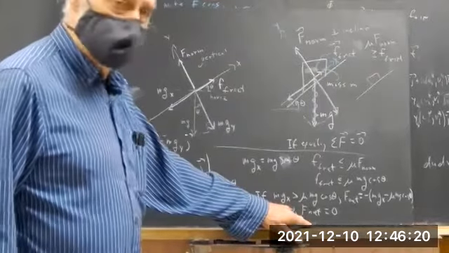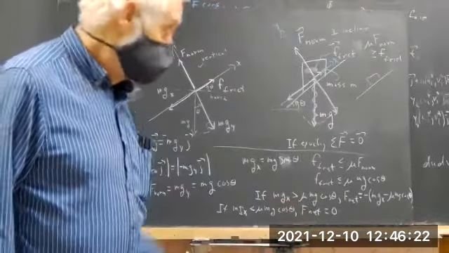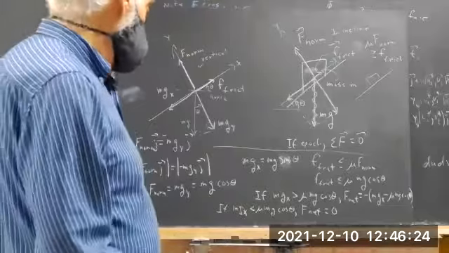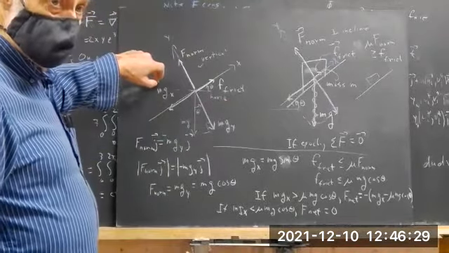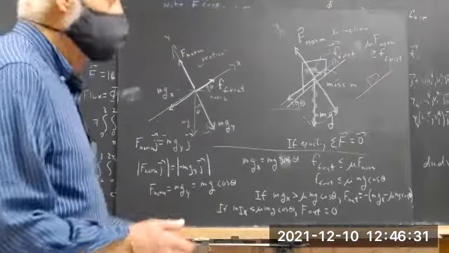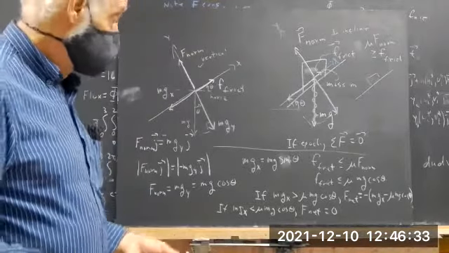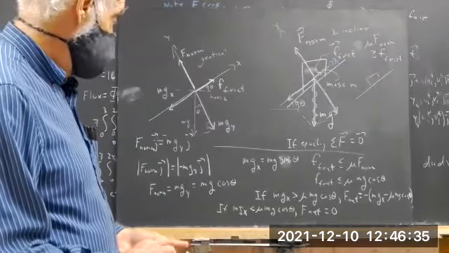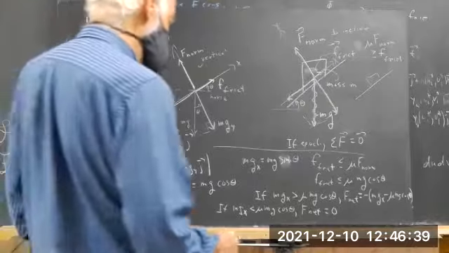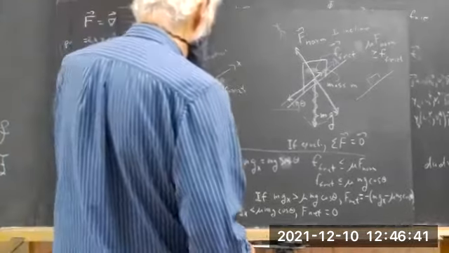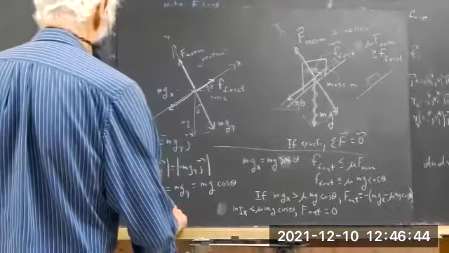okay, F net is 0. Because that means friction is enough to hold this thing stationary. Or if it's already moving, well, yeah, there's a condition here.